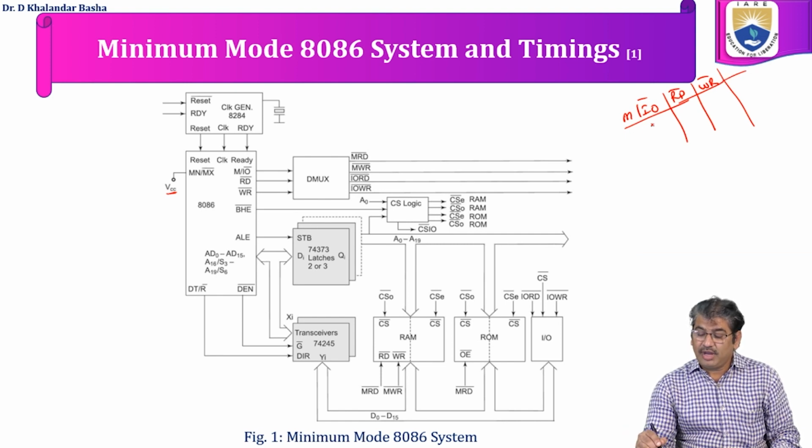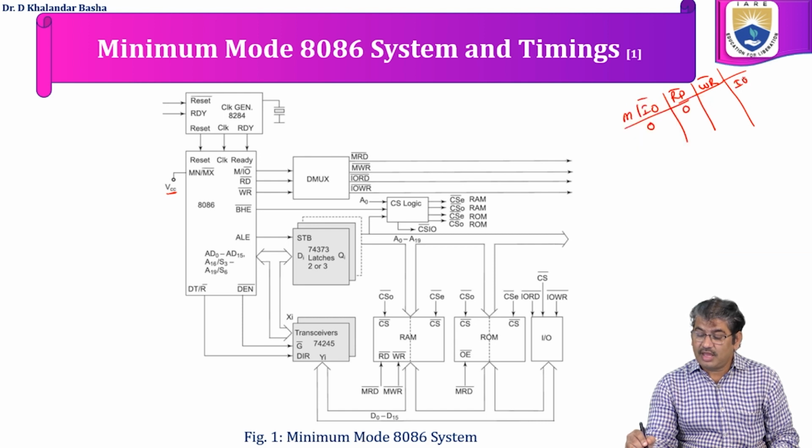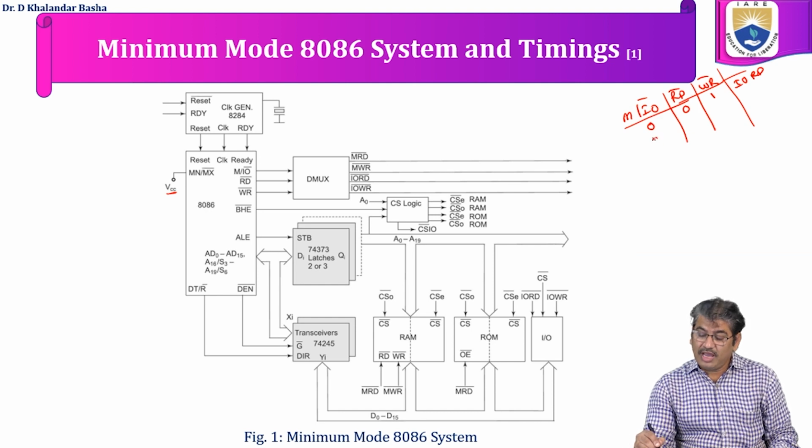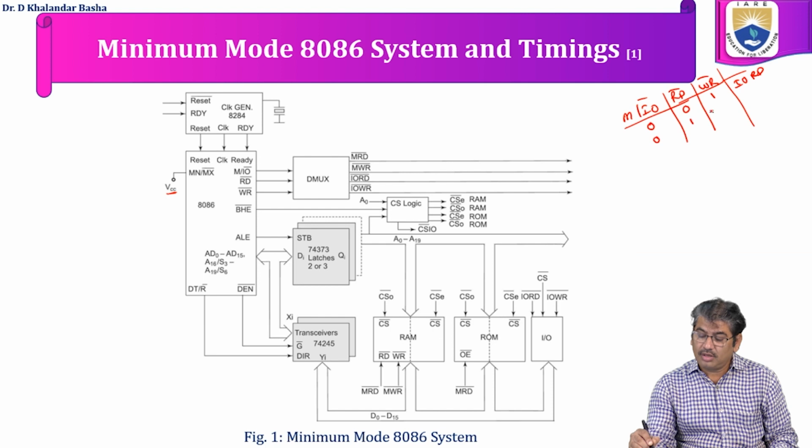Whenever M/IO bar is 0, it corresponds to an I/O operation. For read operation, we make read bar equal to 0 and write bar equal to 1. Then it indicates an I/O read operation. If M/IO bar is 0, read bar is 1 and write bar is 0, it is an I/O write operation.